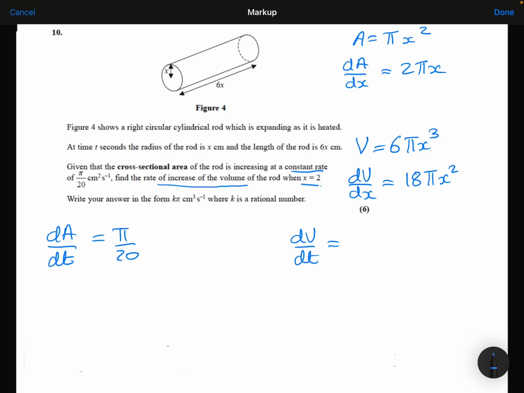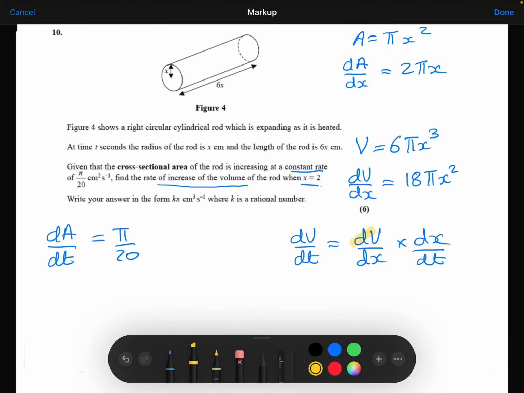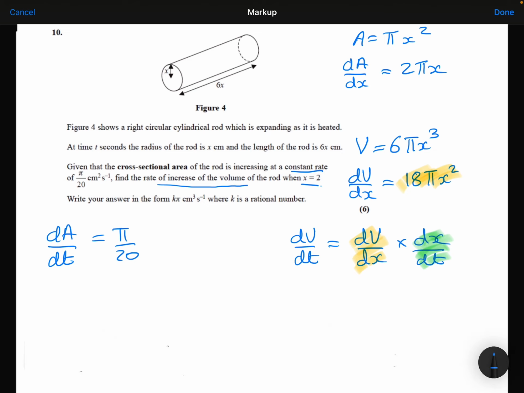So I could connect these rates of change together. I could say that dV by dt is dV by dx times dx by dt. I know dV by dx. I don't at the moment know what dx by dt is, but I can find it out because I can say that dA by dt is the same thing as dA by dx times dx by dt.